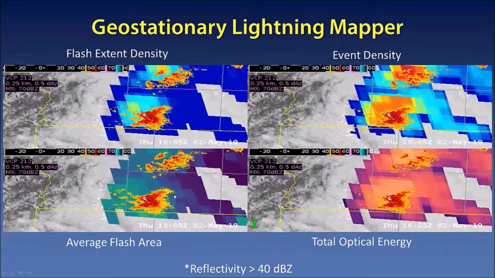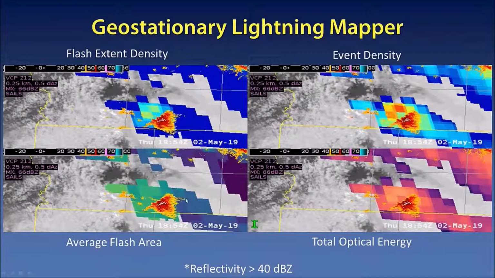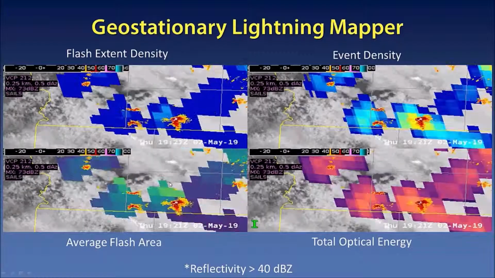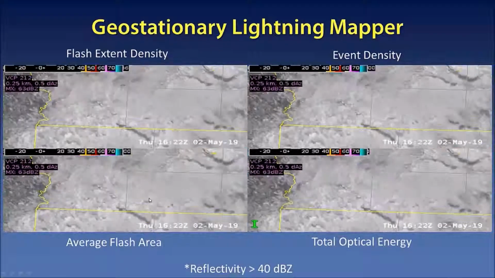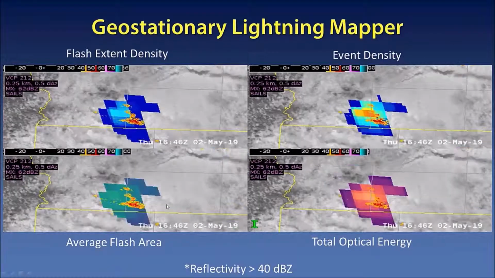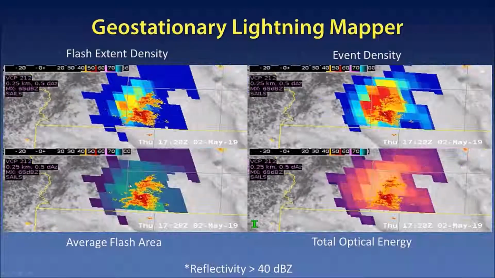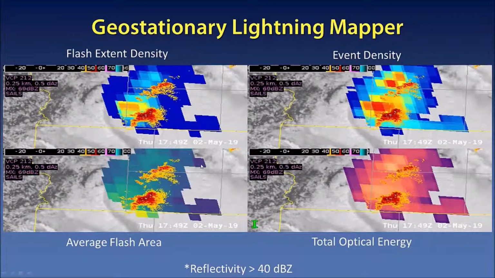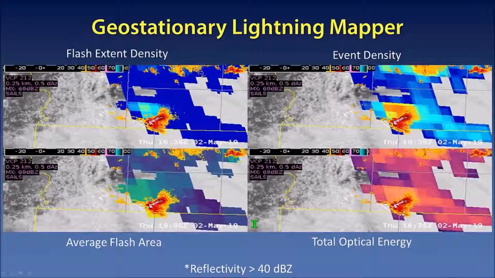And as the thunderstorm spreads out, the anvil spreads out and weakens, you get sort of longer flash events here. And what you're actually seeing is that average flash area increase as the thunderstorm grows and ages. So not really sure right now what the applications of this could be, but it definitely seems like there's some potential with this product. And finally over here we have total optical energy.